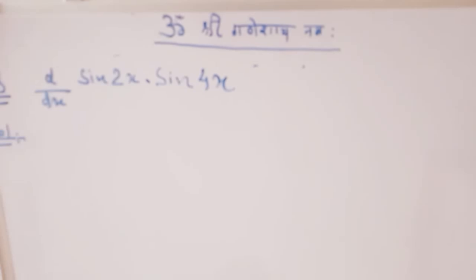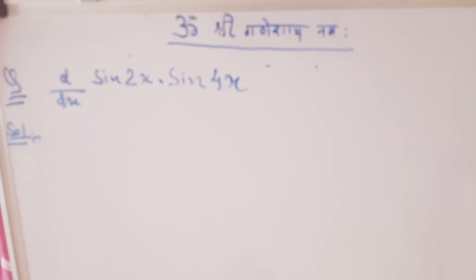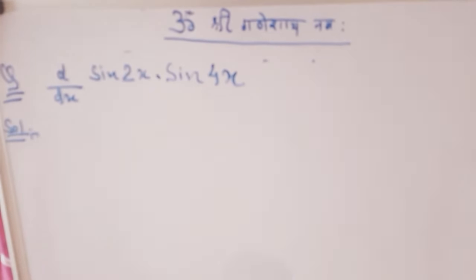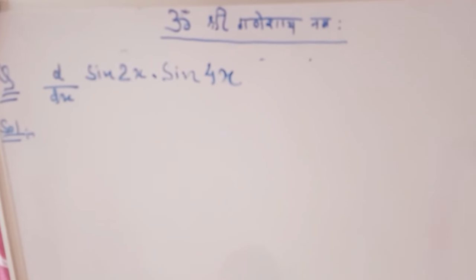So this was our previous lecture's homework. If you have not done this, this is the question from the previous lecture, and you can do it from here. I am giving you this solution. So here d by dx of sin 2x multiplied by sin 4x you have to find.